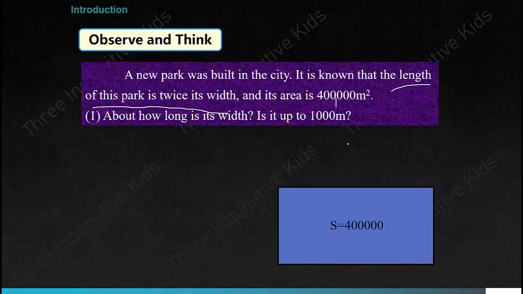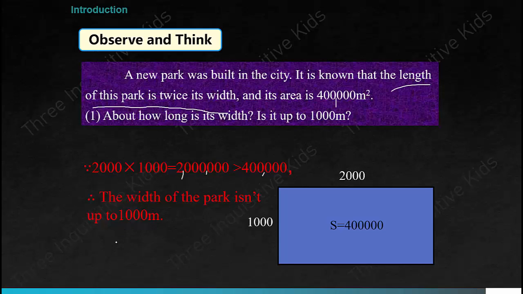Try to express this with an algebraic expression and solve it yourself first, and see if it's at least 1,000 meters long. Okay, so let's look at this. If this is 1,000 and this is 2,000, this would be 2 million, which is way greater than 400,000.